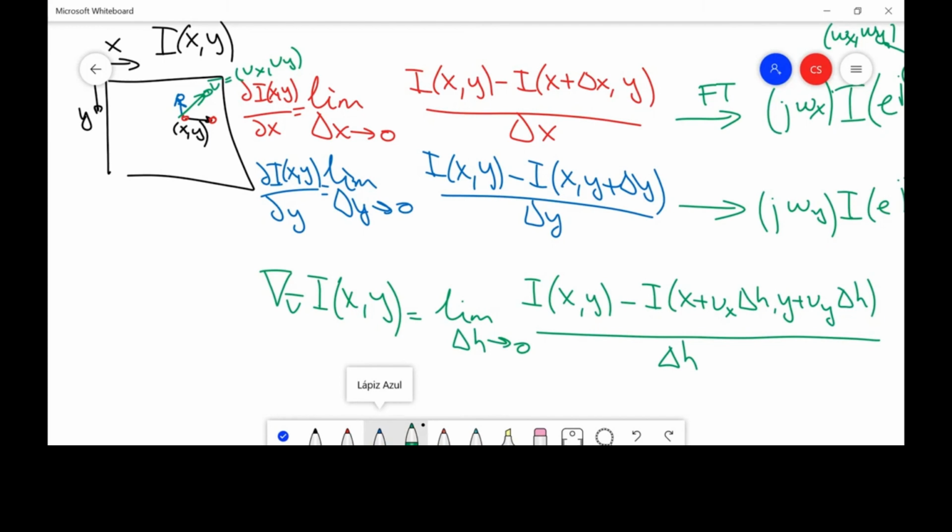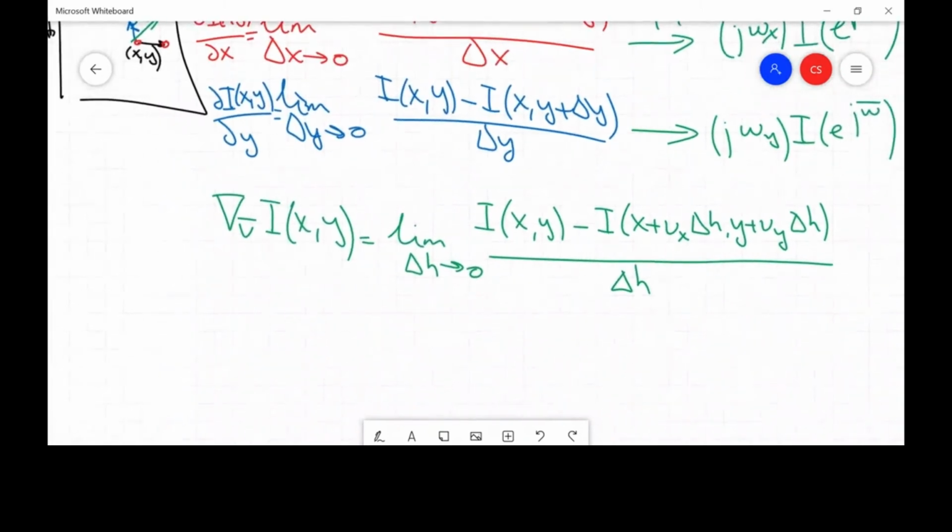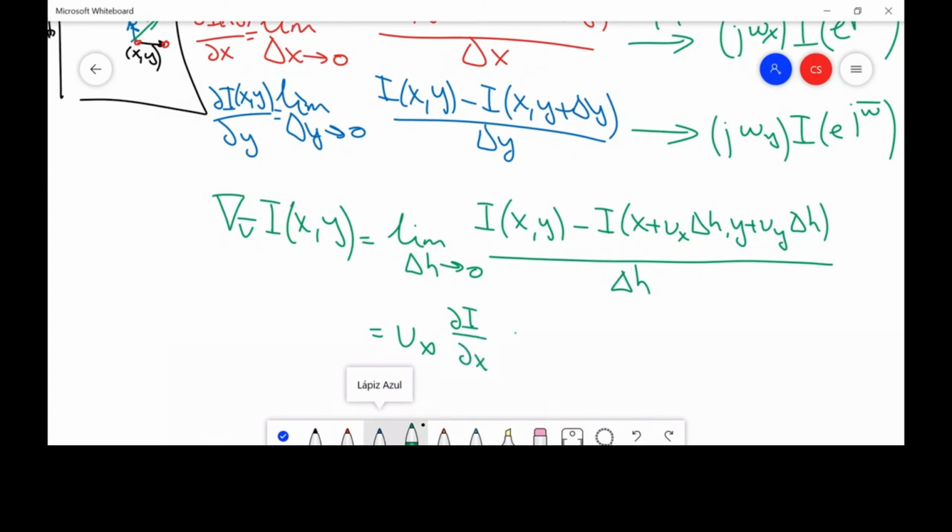And here comes the funny result. Actually this derivative, without the Fourier transform, I can write in this way: ux times the partial of I with respect to x plus uy times the partial of I with respect to y.